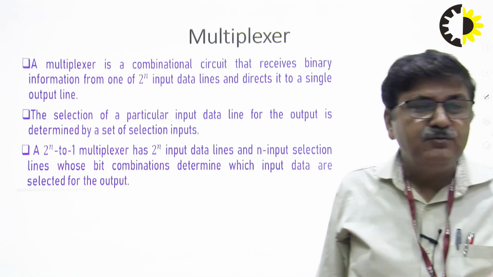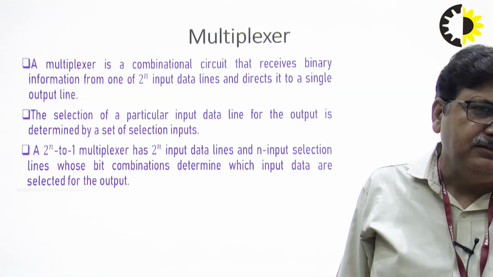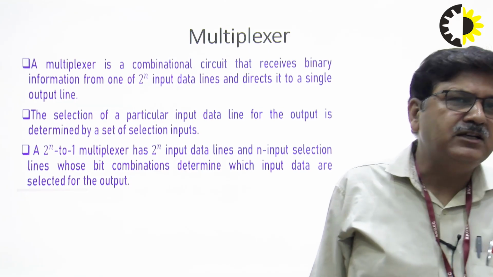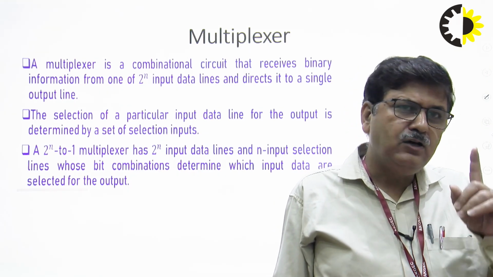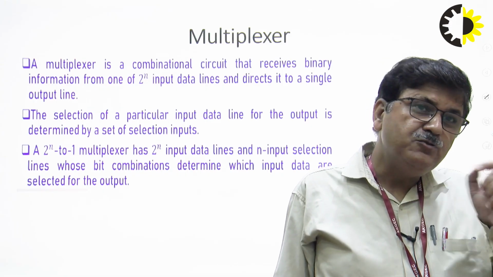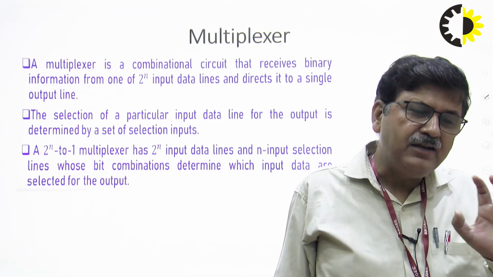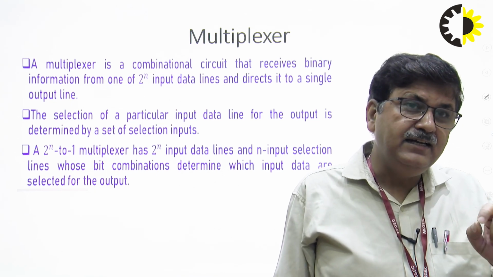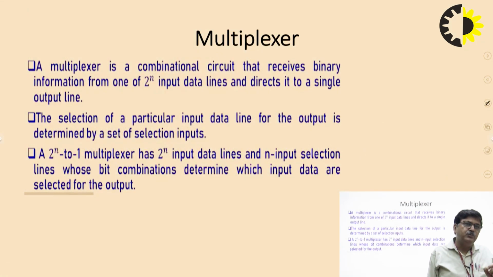If we have the multiplexer, we have the inputs, and as you know, the multiplexer gives only one output. Which one is selected depends on the selection lines. The selection lines decide which input goes to the output.